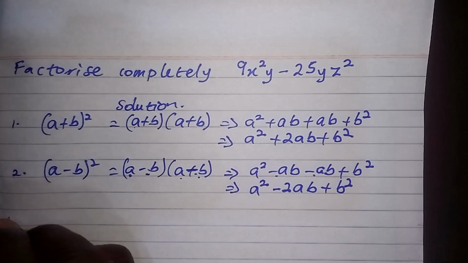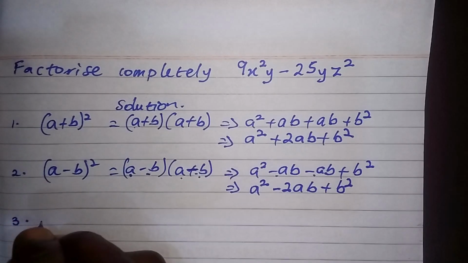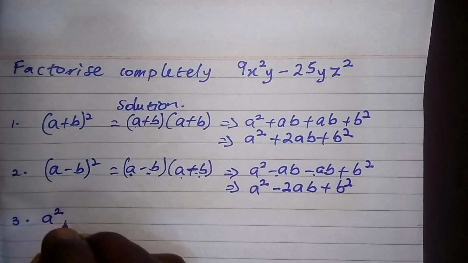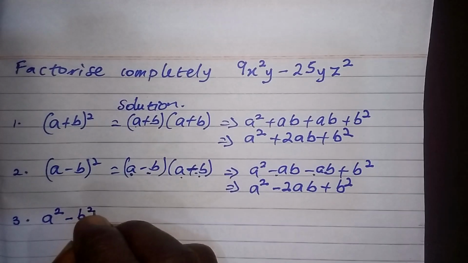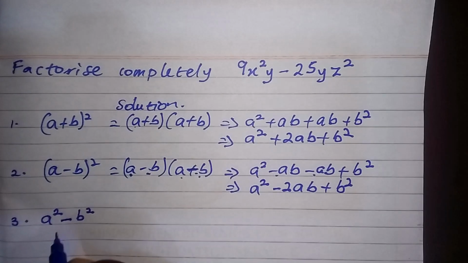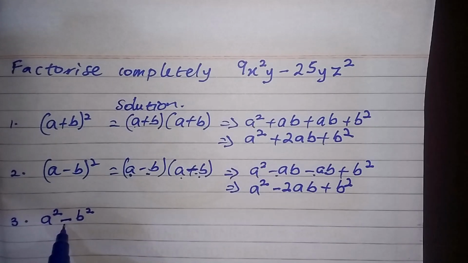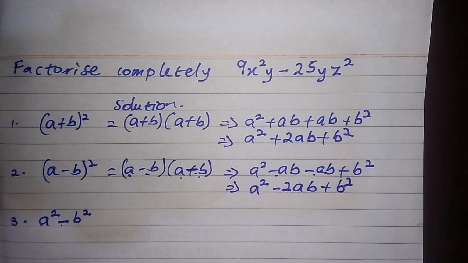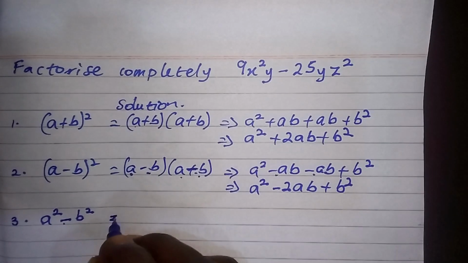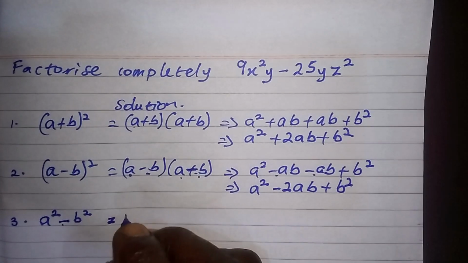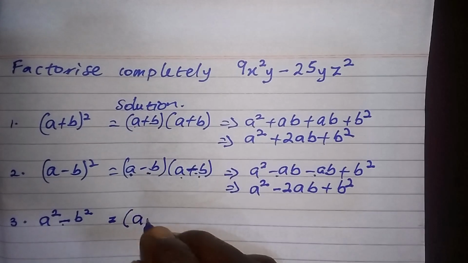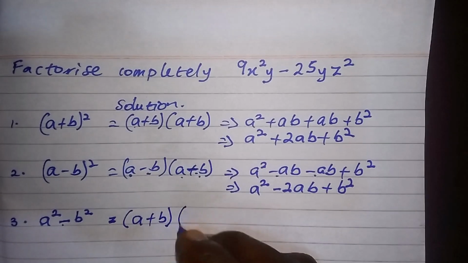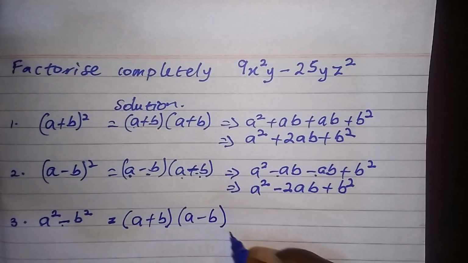The third identity we want to look at is what we call the difference of two squares. The name comes as a result of the sign used over here. With difference of two squares, we are not multiplying. What happens here is I have a plus b, a minus b.